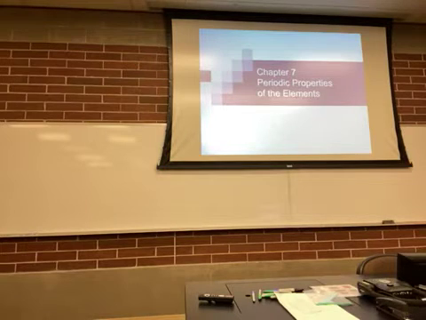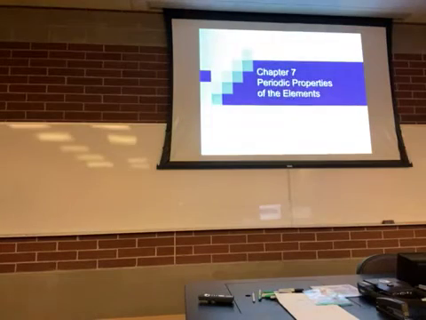So, okay, we're jumping into a new block. We really have 5 chapters left, and we're going to look at the next block, if you will, as building the concept of chemical bonding. How is it that 2 atoms come together to form an actual bond?